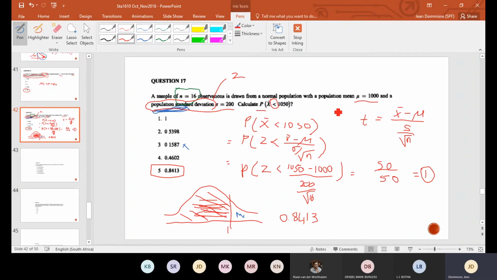And I think, Rian, you asked a question, and I've never seen in these questions that we actually need to calculate the T, but it's strange that they give it on the formula page. If I ask you this, they can only ask you to calculate the T value if I gave you the sample standard deviation, and not a probability.